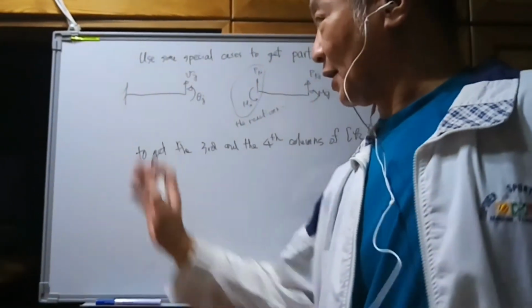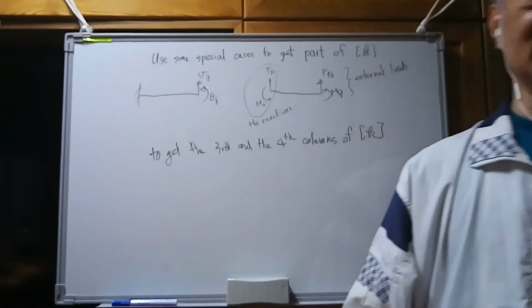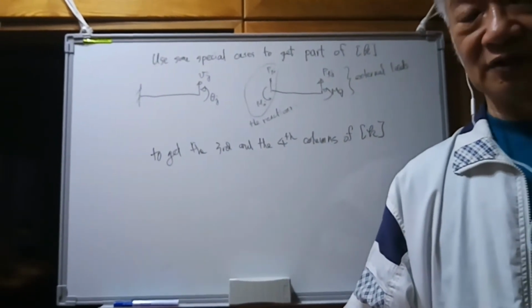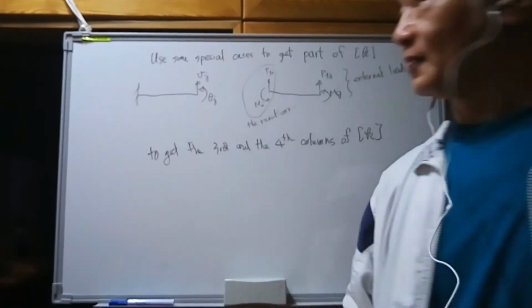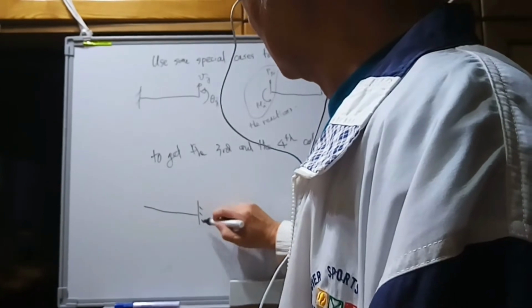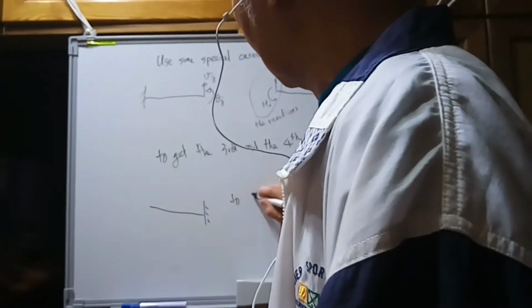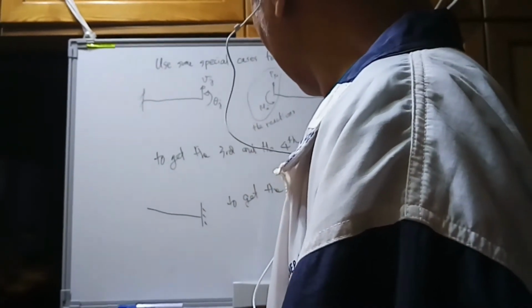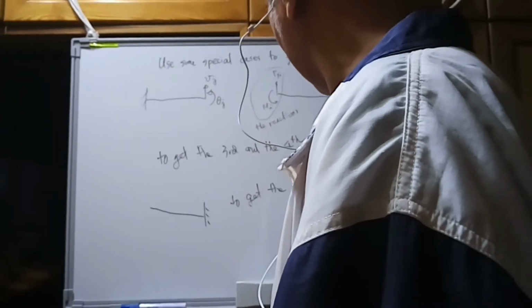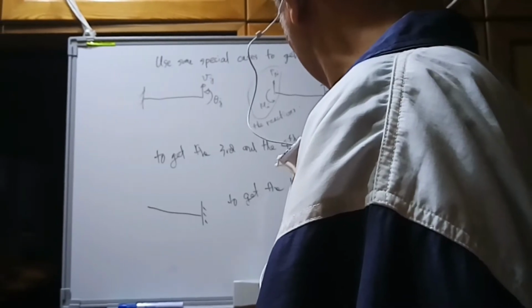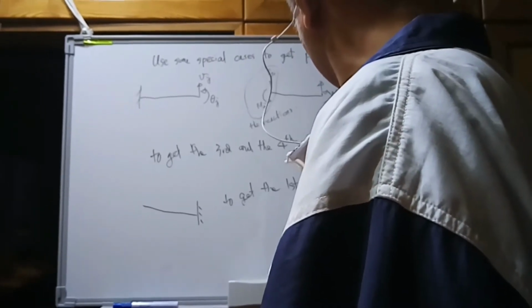After you solve this special case, then you can get the third and the fourth columns of the small k matrix. And then you can solve the other special case.